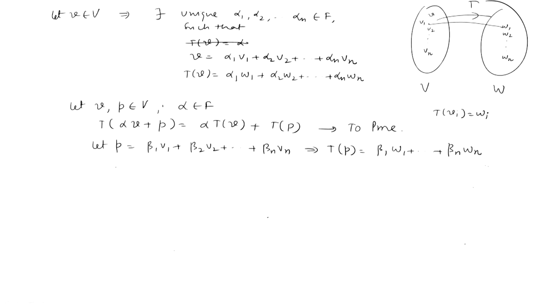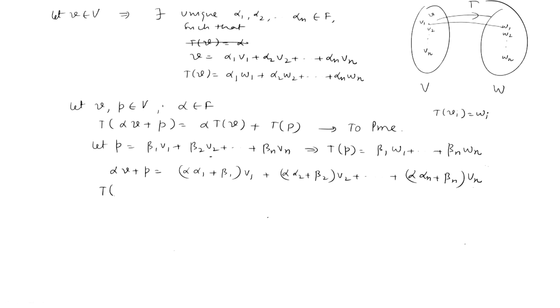Now, you take alpha V plus P, because you have to show this result for T as a linear map. Now, alpha V plus P will be what? It is alpha 1 plus beta 1 times V 1, this is V, this is P, plus alpha 2 plus beta 2 times V 2 and so on, alpha n plus beta n times V n.